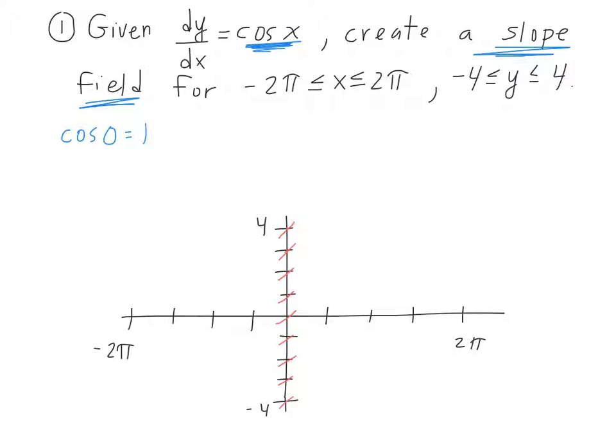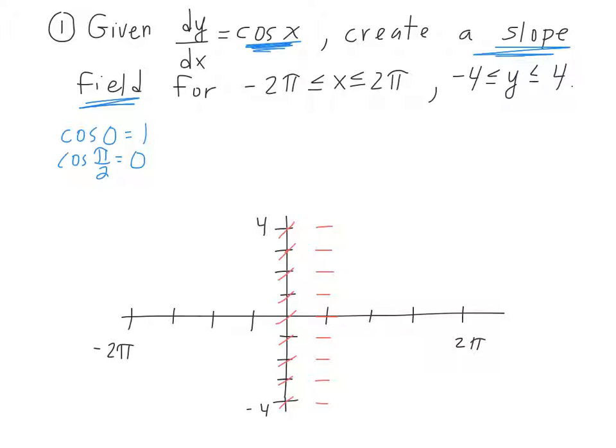Let's find another key value, such as the cosine of pi over 2, or 90 degrees. Well, the cosine of 90 degrees is 0. So that means for pi over 2, all of my tangent line slopes are going to be horizontal, so the slope would be 0. So I'm going to draw in these little tangent line slopes there with a slope of 0.